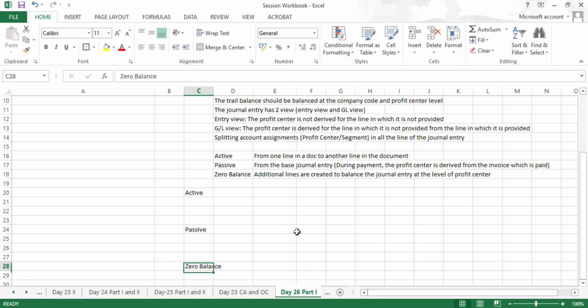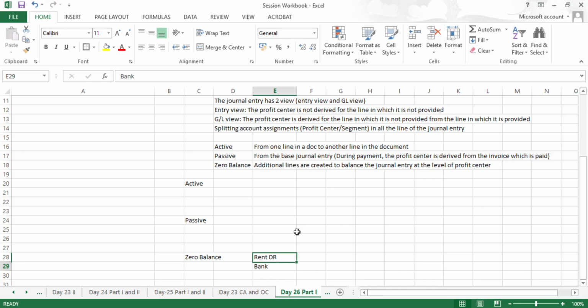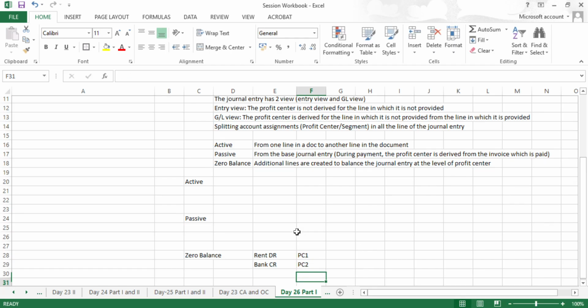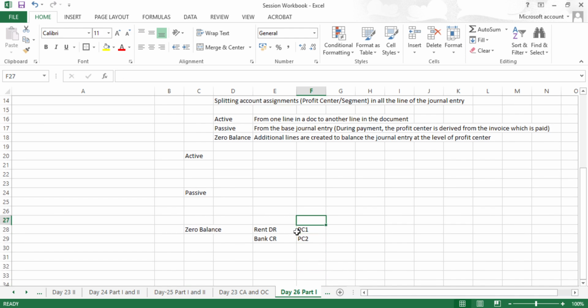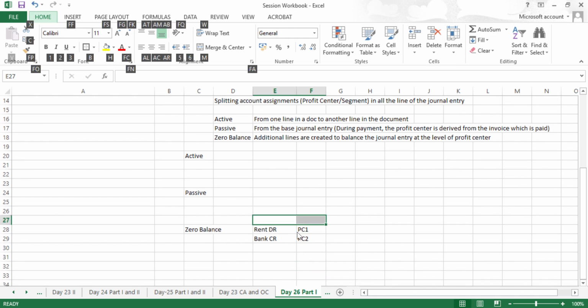zero balance. In the zero balance, let's say I am booking the journal entry like this: rent account debit to bank account. I am putting the profit center 1 in line 1 and profit center 2 in line 2. This is my entry view.